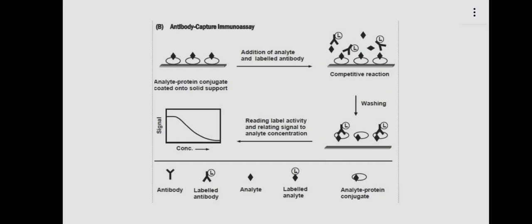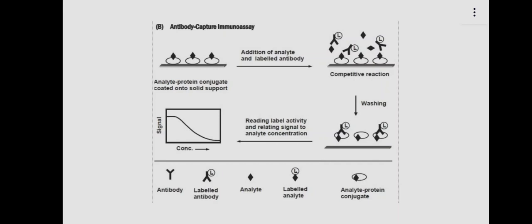After washing, you'll have some of the labeled antibodies being washed off together with some molecules of the analyte.